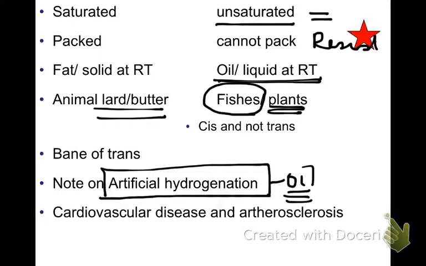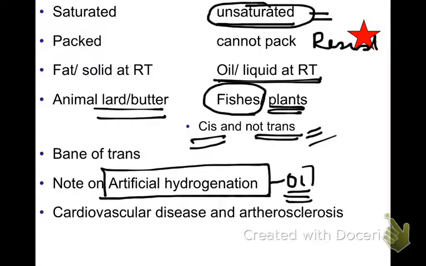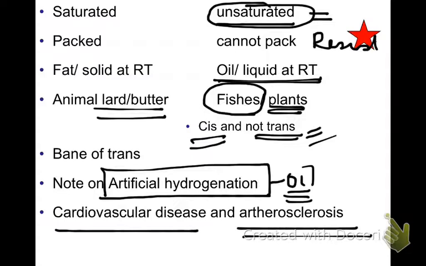Now with this, what happened was it would revert back into its double bond, unsaturated nature, and end up being a trans double bond instead of a cis double bond. This is not broken down, so it starts to accumulate inside the arterial tubes, leading to cardiovascular diseases and blockages called atherosclerosis.